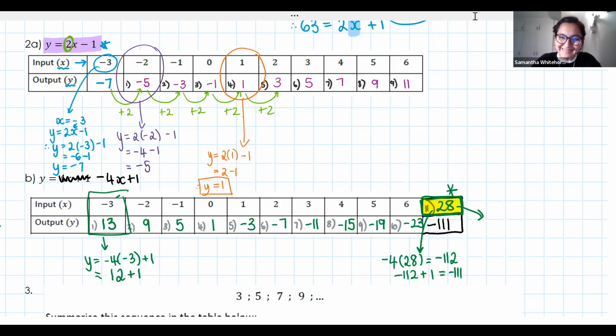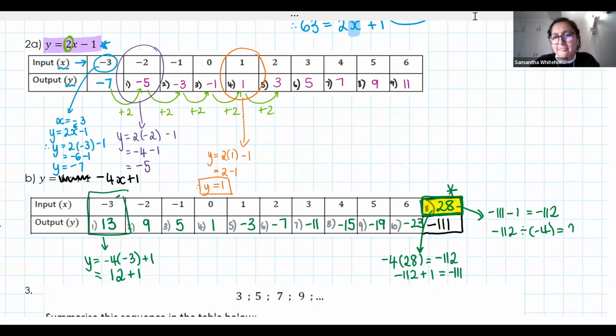Vaishya is here. Let's hear you out, Vaishya. So I said negative 111 minus 1, which gave me negative 112, and negative 112 divided by negative 4, which gave me 28.